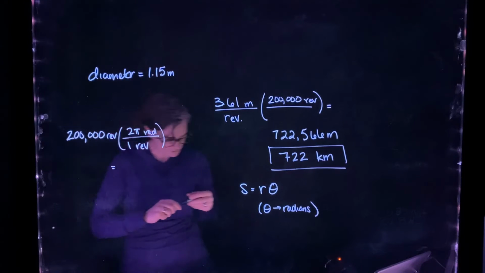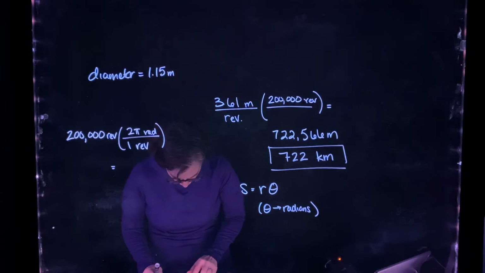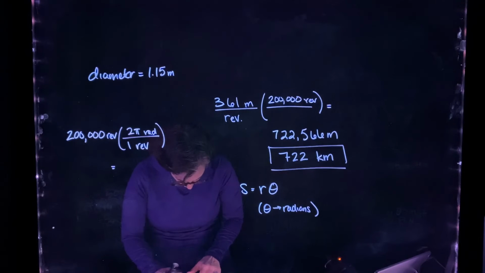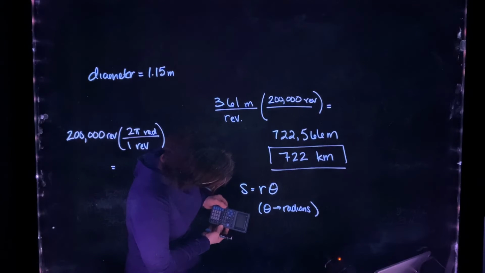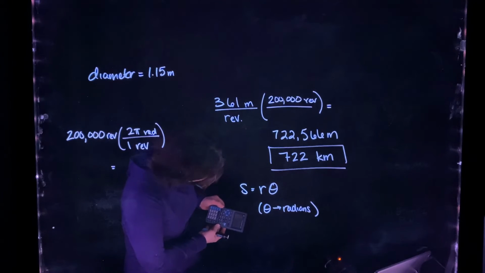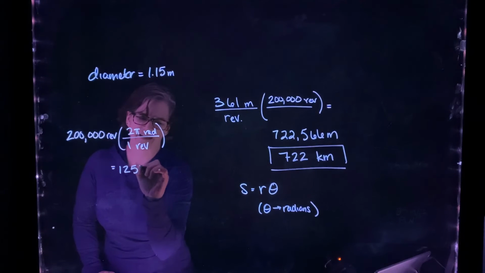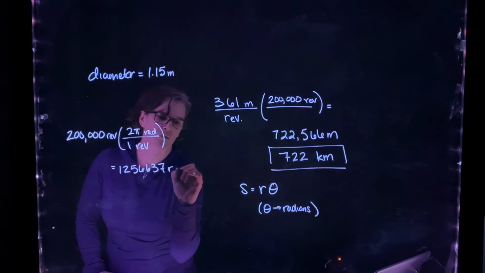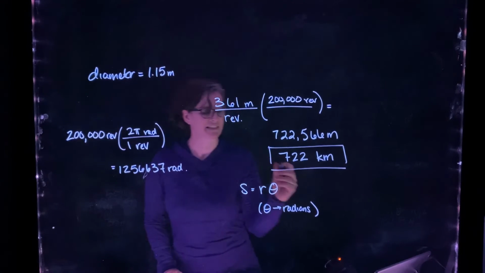So 200,000 revolutions times 2 times pi gives us 1,256,637 radians. All right, so how far is that distance?